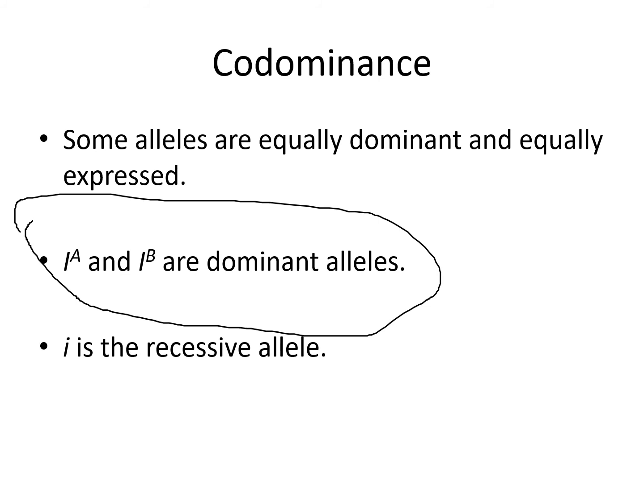As you might expect, I capital A expresses the A antigen, and I capital B expresses the B antigen. Now, little i is the recessive allele.